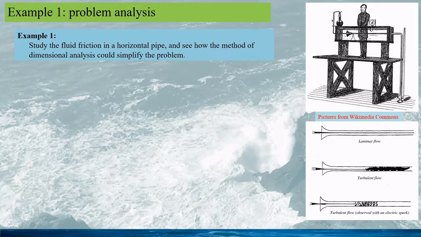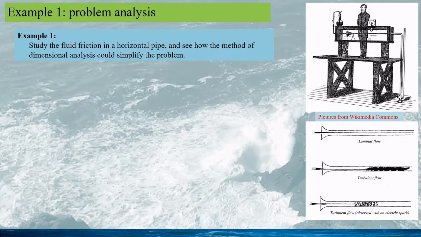In the experiment, he showed that when the fluid velocity is small, the corresponding Reynolds number is small, say less than 2,300. The flow in the pipe can be regarded as a laminar flow, for which an analytic solution can be obtained.